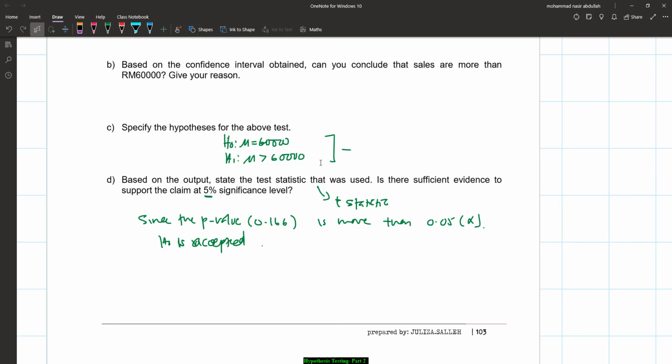So we can conclude that the claim is not supported. We have no enough evidence to support the alternative hypothesis.